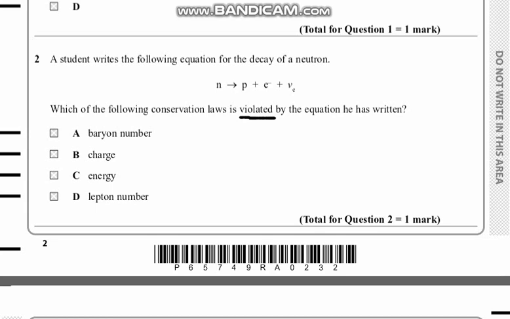We know that the neutron has a charge of 0, the proton has plus 1 on the other side, the electron has a minus charge, and the electron neutrino doesn't have a charge. So plus and minus 1 gives us 0, the same as the neutron. Both sides are 0, so the charge is conserved.